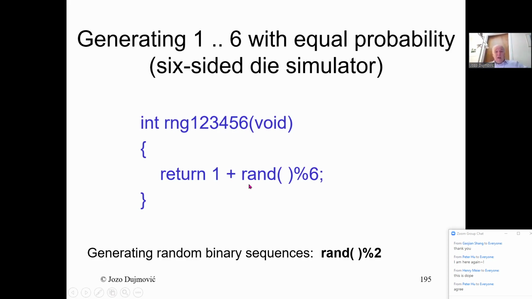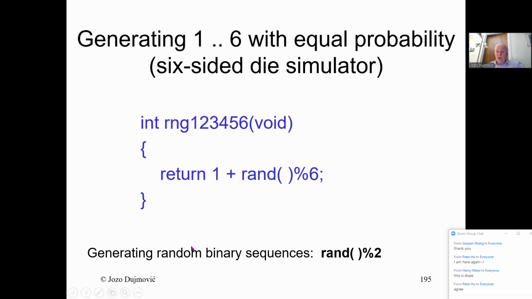And then when you take this integer modulo 6, you get values 0, 1, 2, 3, 4, 5, so from 0 to 5 with equal probability. So add 1 to that 0 to 5 and you get 1 through 6. So return 1 plus RAND modulo 6. And this is going to create the sequence of digits 1 up to 6.